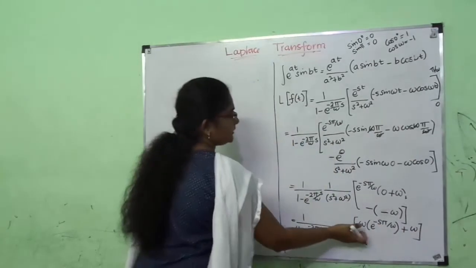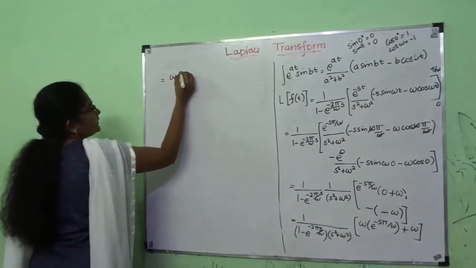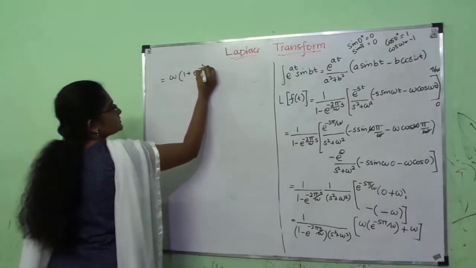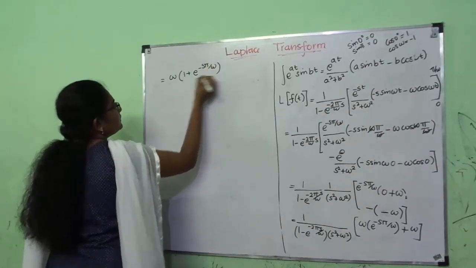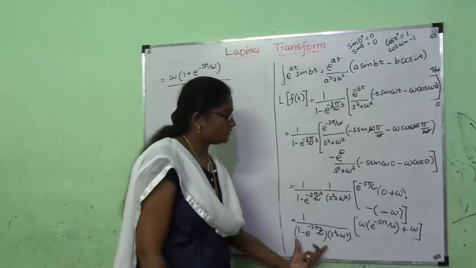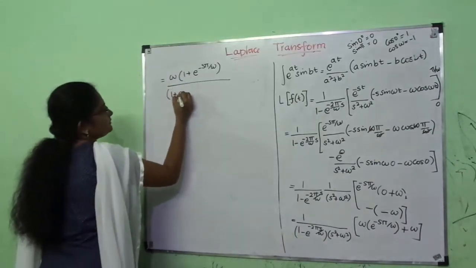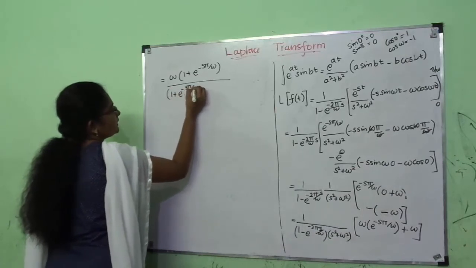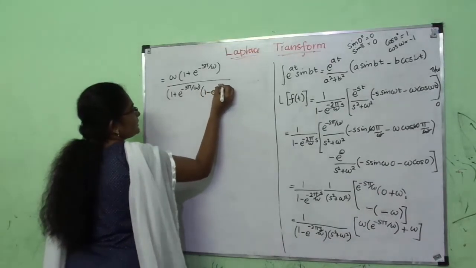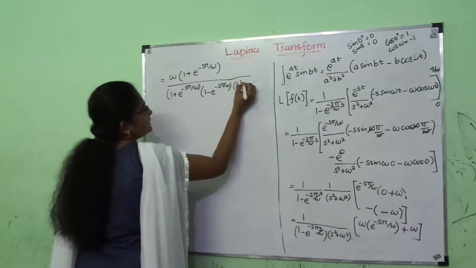In this step omega is common, so we take it outside. Omega into 1 plus e power minus s pi by omega, divided by, this is of the form a square minus b square, so we split it into a plus b into a minus b. 1 plus e power minus s pi by omega into 1 minus e power minus s pi by omega, into s square plus omega square.